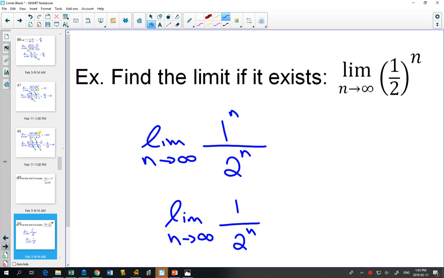And what happens to our denominator here as n gets really, really big? You're going to be dividing by a really, really big number. And we would say the limit is 0.